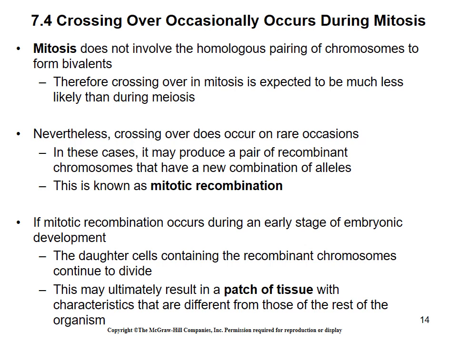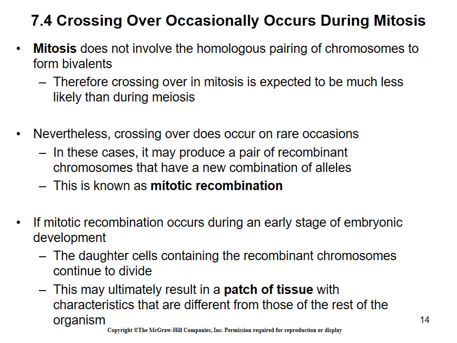We usually see that crossing over will occur during the very early stages of embryonic development, and as the organism continues to develop, because of the mitotic recombination, so the mixing and matching of the homologous pairings of the chromosome in mitosis, the cells that exhibit this mitotic crossing over will have a slightly different phenotype.